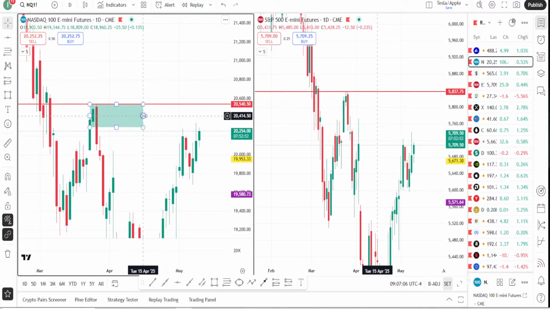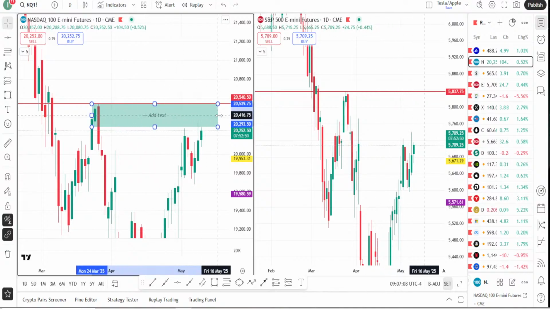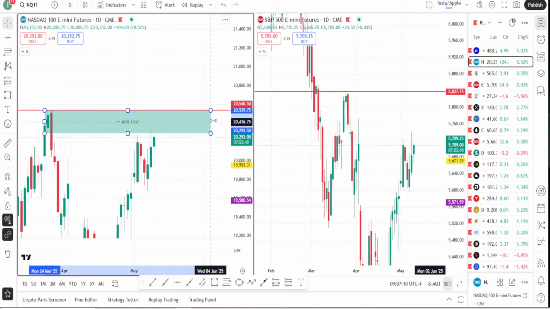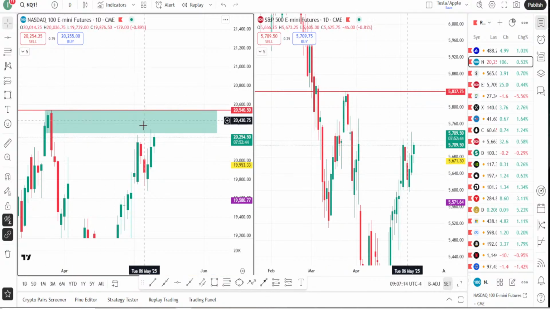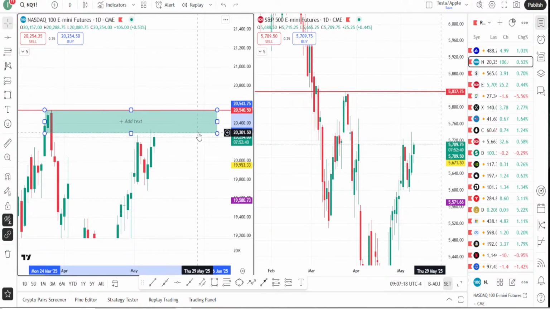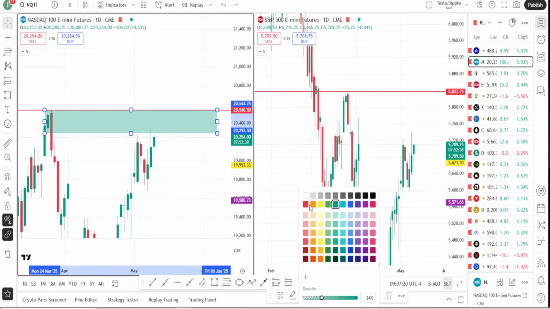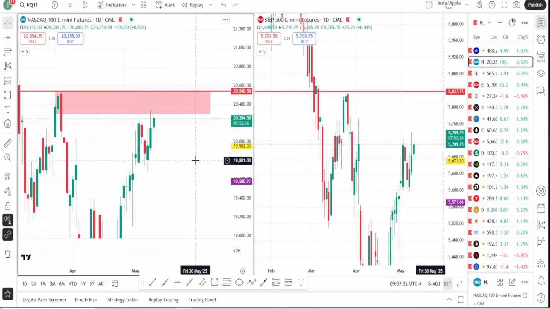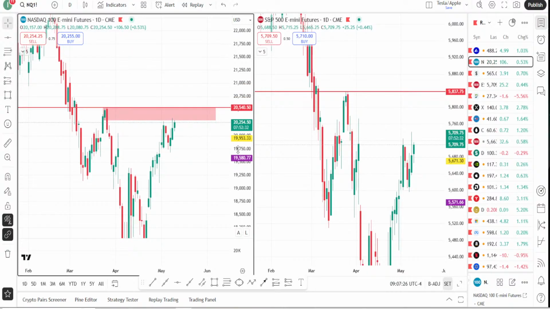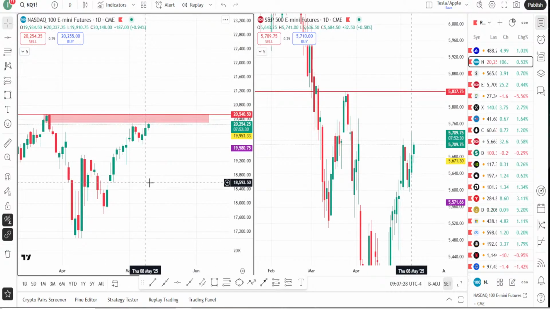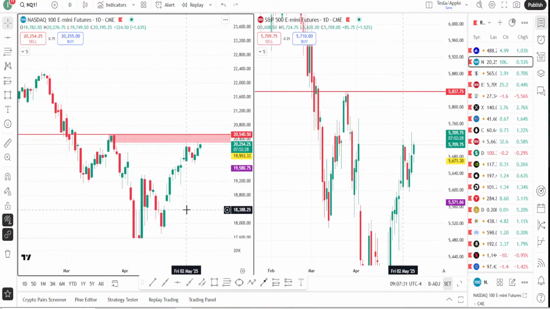I'll mark this as a supply zone. There we are. Easy. Trying to keep it as simple as possible.